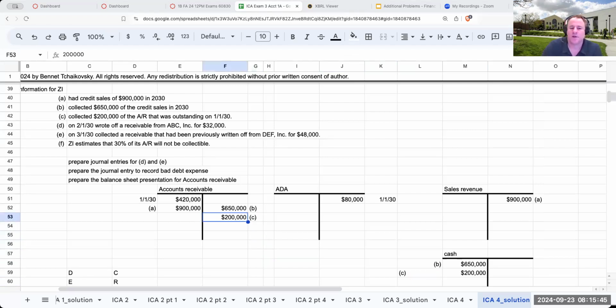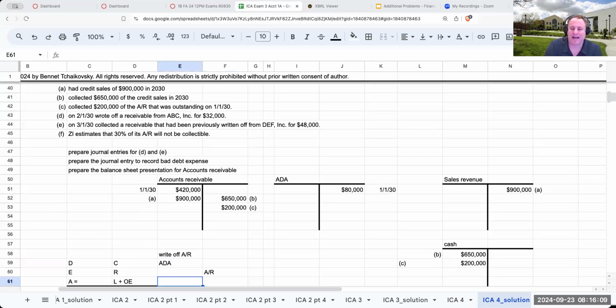Now, when I write off a receivable, I never use bad debt expense. Rather, if I'm writing off a receivable, I'm going to debit the allowance for doubtful accounts, and I'm going to credit accounts receivable. It's asking me to do a journal entry on 2/1/30.